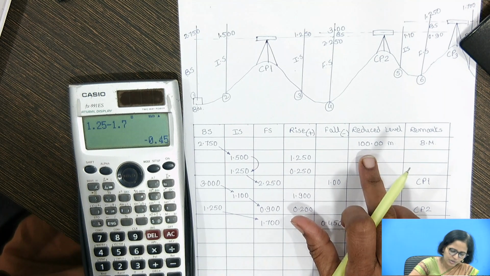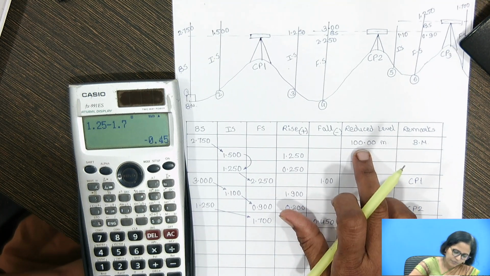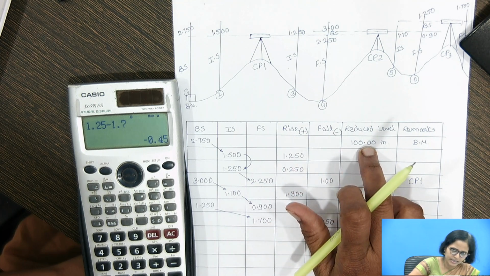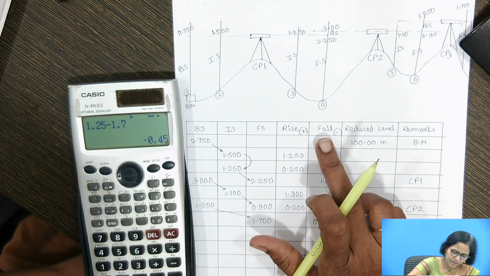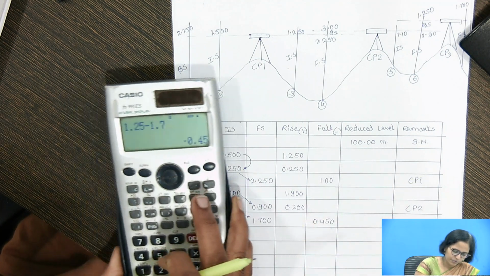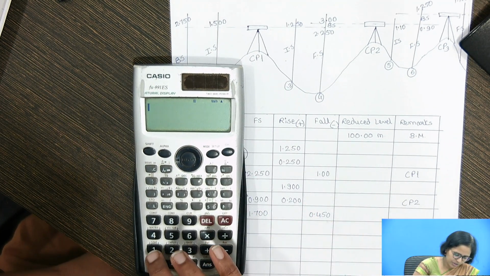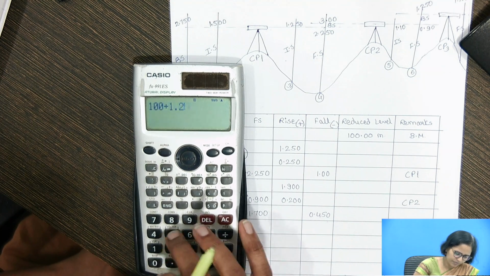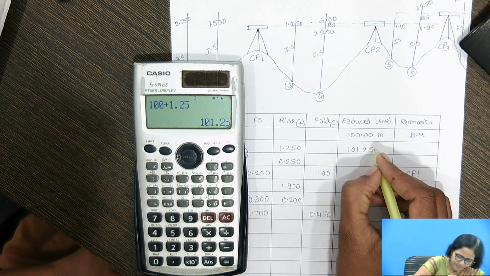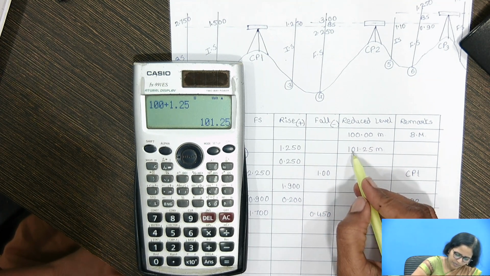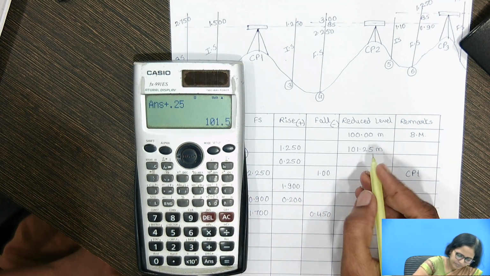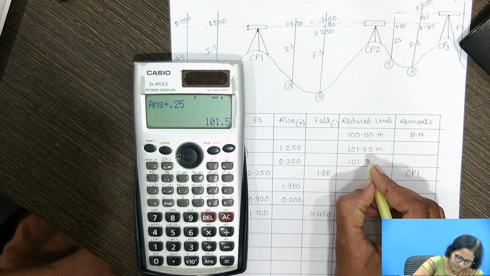So now the reduced level is given to you as 100 meters. So from this reduced level, whatever the rise value you have, positive, it should be added to this. And wherever the negative value, that is fall, you have, that should be subtracted from this reduced level itself. So for example, I will just show you one calculation. 100 plus 1.25, that means 101.25. So this has to be continued. From this RL itself, you are going to add again plus 0.25. So it is 101.50.